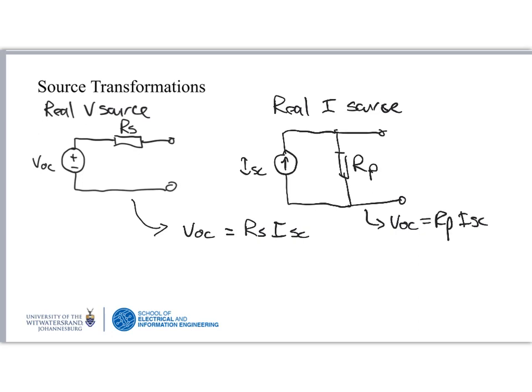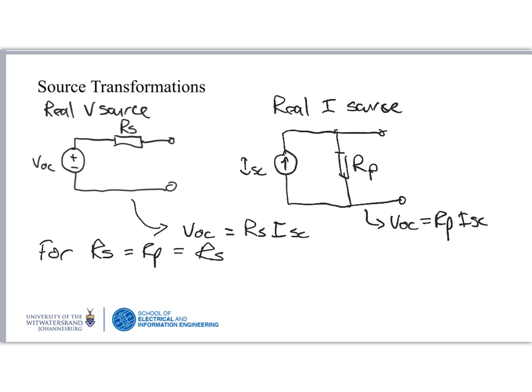So you can see that if RS is equal to RP, we can either represent a source, so let's just call those all RS, as a source resistance.